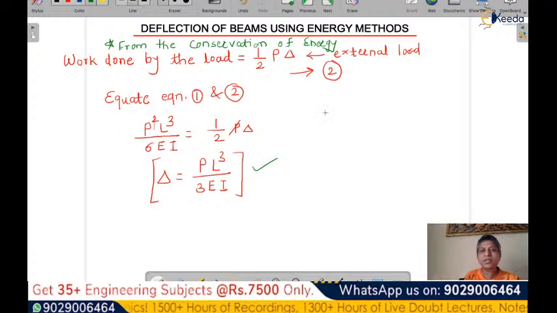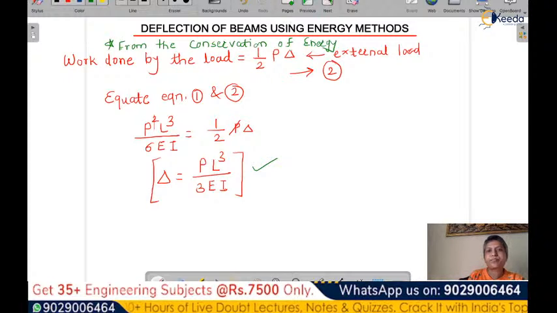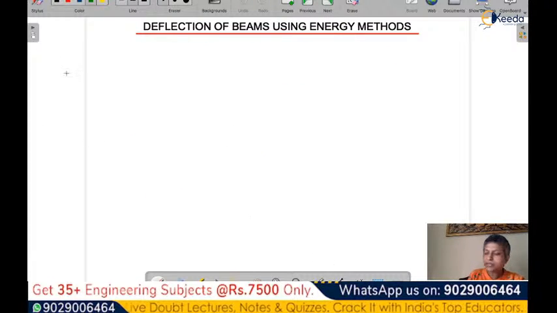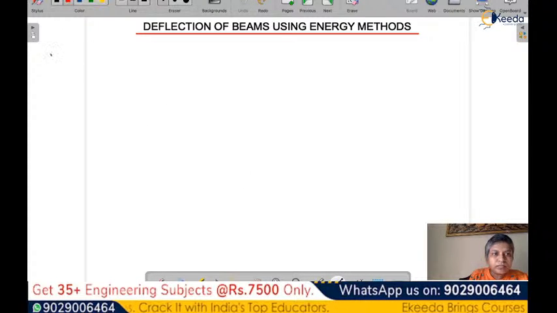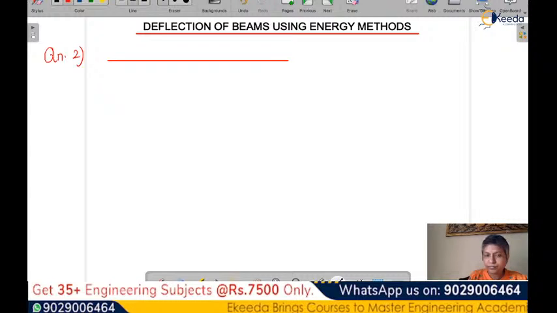So now let's consider a simply supported beam. So this is a simply supported beam.